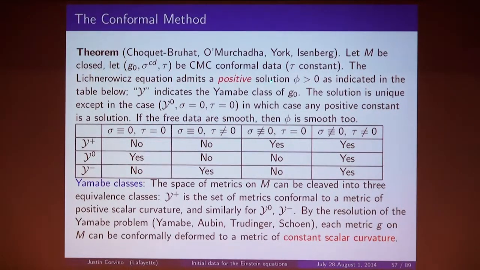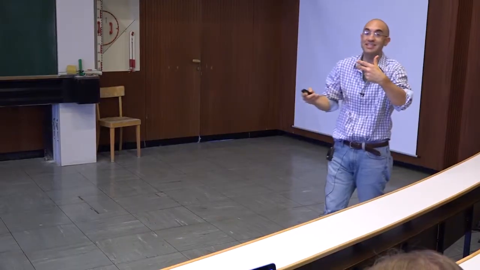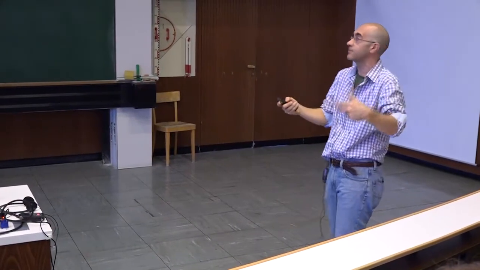So let's look at a closed manifold, take CMC conformal data with tau a constant, so CMC. Sigma is a transverse traceless tensor. g0 marks a conformal class. Then the Lichnerowicz equation admits a positive solution. The Lichnerowicz equation is the constraint equation we have to solve for phi.